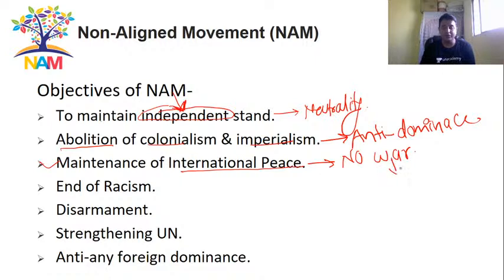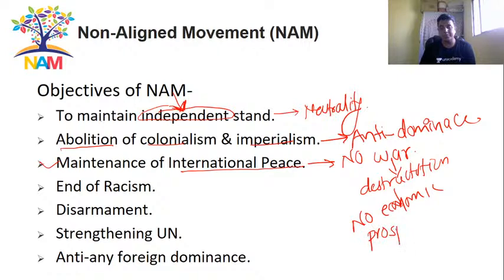Because if war is there, destruction is there. If destruction is there, no economic prosperity is there. Clear?